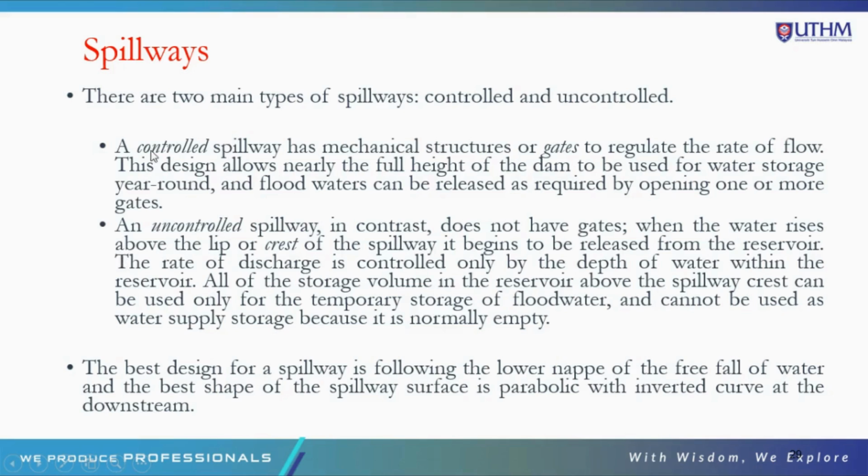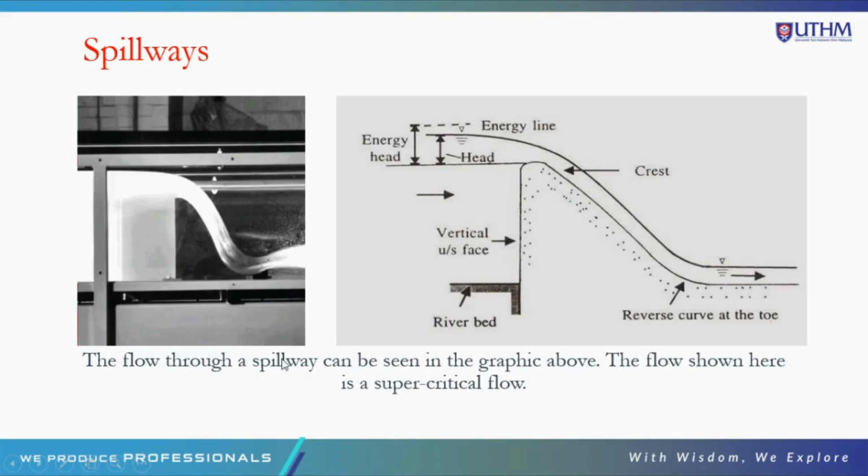A controlled spillway uses mechanical structures or gates, but the uncontrolled spillway has no gate, so release is based on overflow. The best design is based on the requirement of the type of dam.